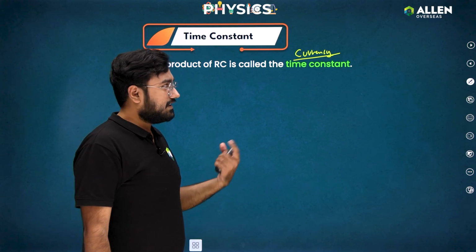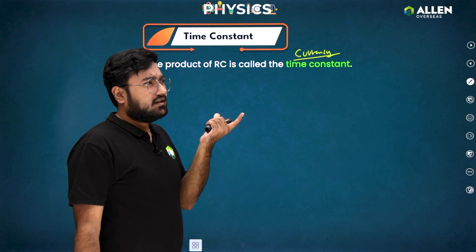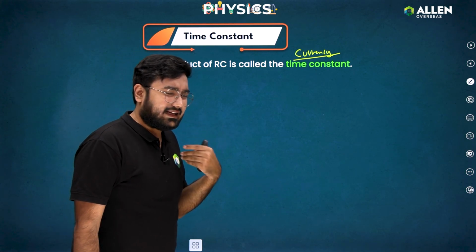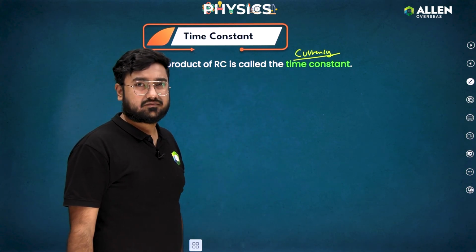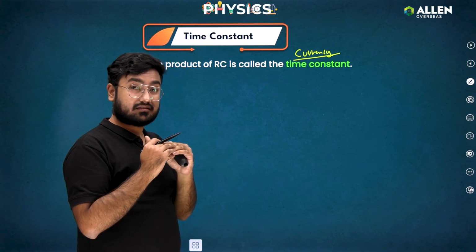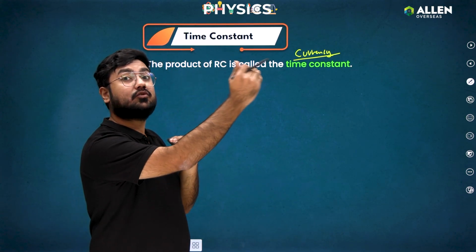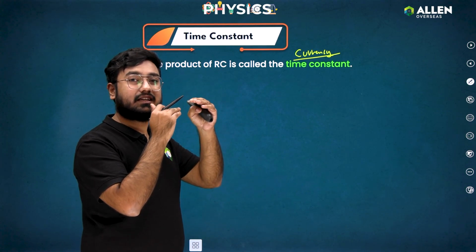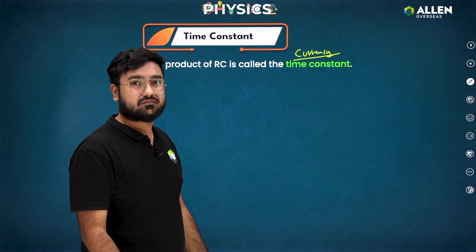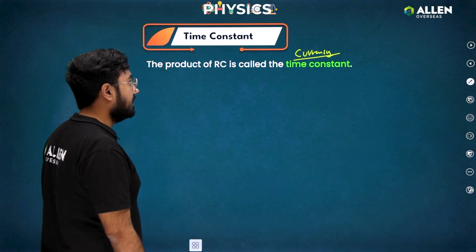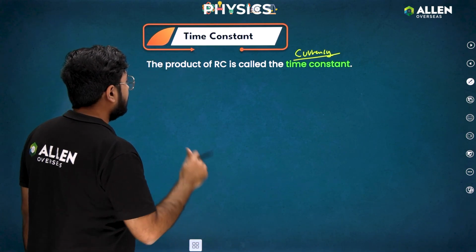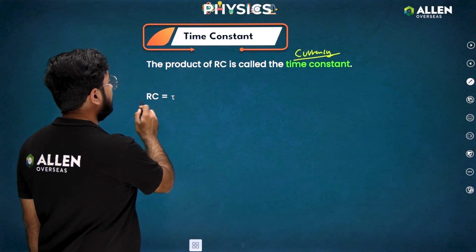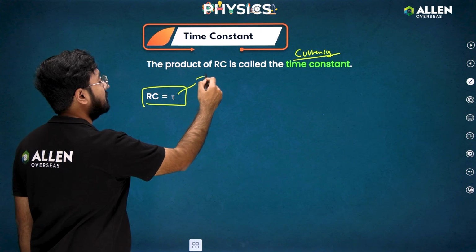And also in reality this works as a parameter to determine how readily a circuit is going to get charged. If time constant is less, the circuit will get charged quicker. If time constant is more, the circuit will take its time to get charged, right? Okay. So the product of RC is called time constant, right? Tau, right? This is tau.